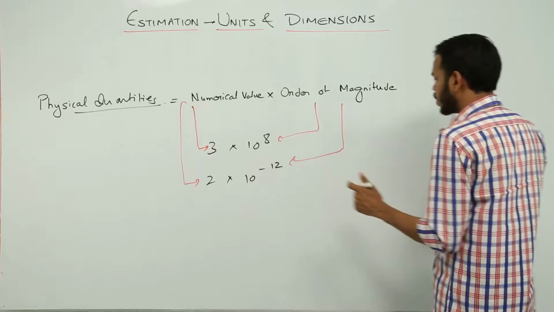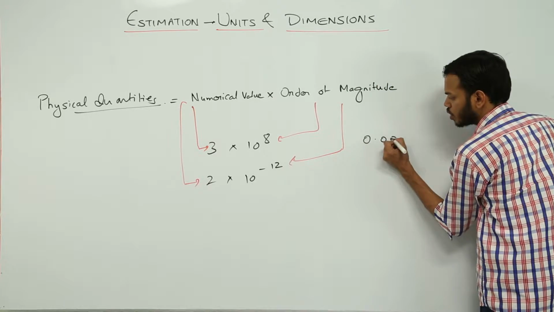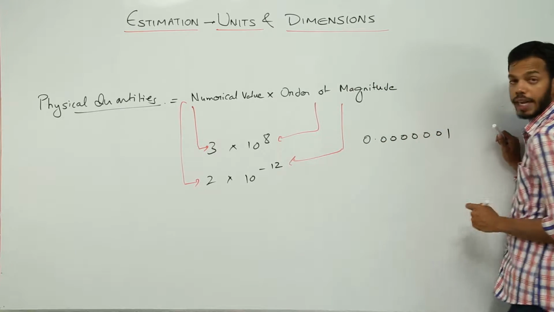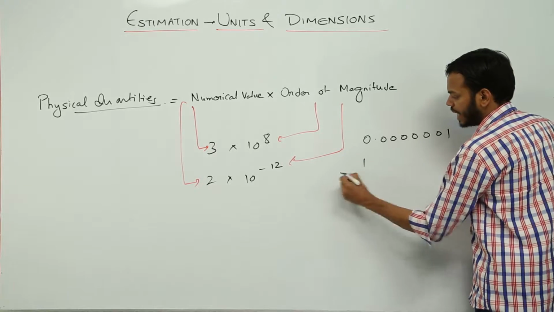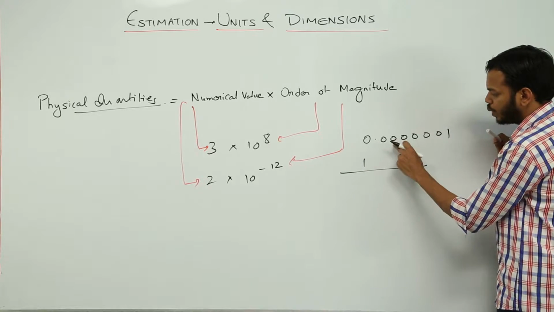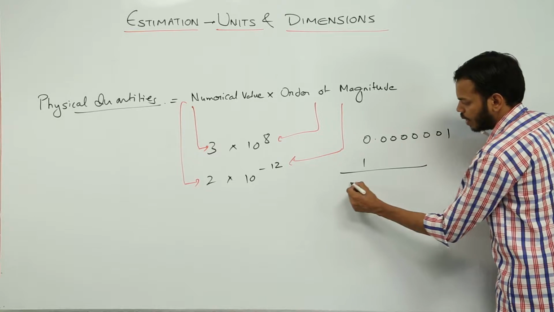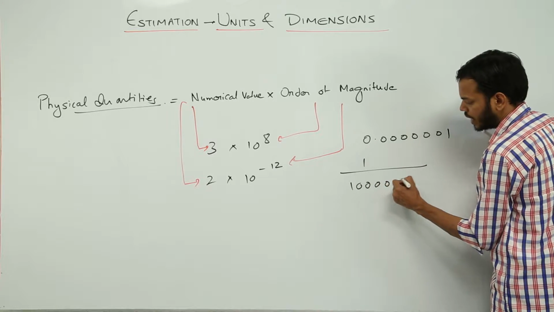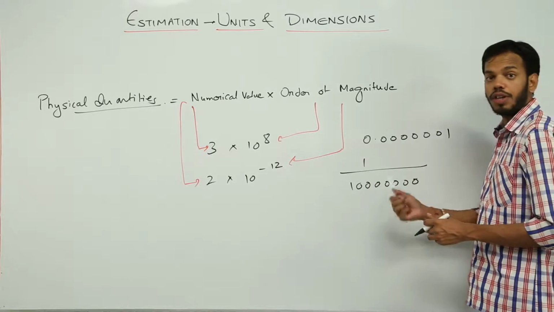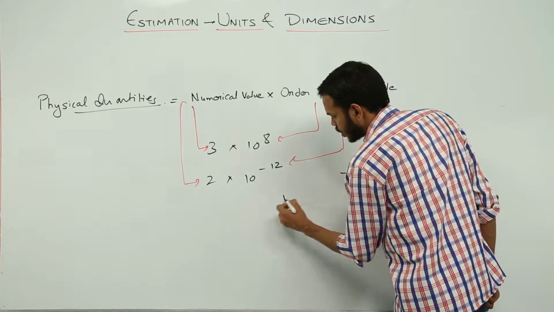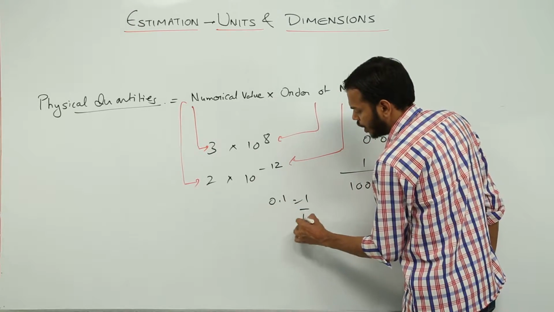For example, I just wrote a value 0.000001. Okay, this is basically 1 upon how many zeros? 1, 2, 3, 4, 5, 6, 7. How did I write it so? 0.1 is what? 1 upon 10.